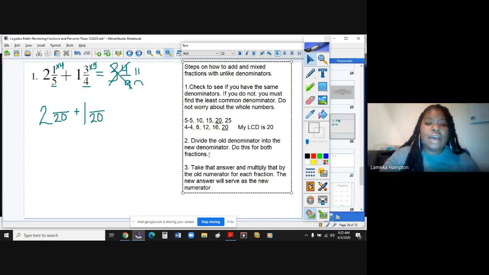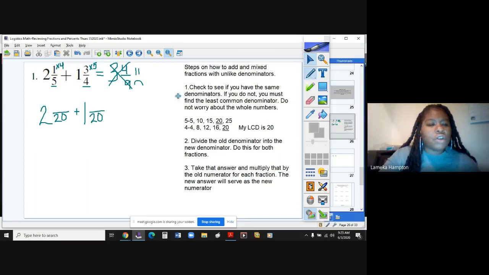Okay, so what I've done is I am going to take that answer and multiply it by the old numerator. So when I divided 5 into 20, that gave me 4, and 1 times 4 gives me 4. So now this 4 serves as my new numerator, okay? And when I divided 4 into 20, that left me with 5. And when I multiply that times 3, that gives me 15.